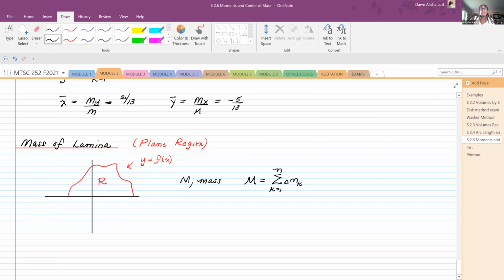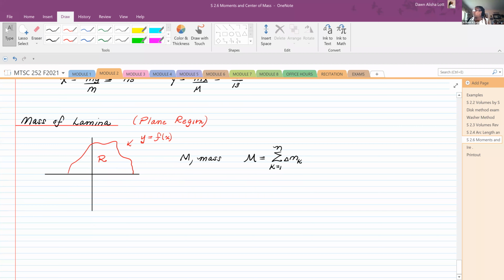Well, now we're in two dimensions. So now density is equal to mass per unit area. So therefore, our little piece of mass is now going to be our density times our little piece of area, wherever that is.